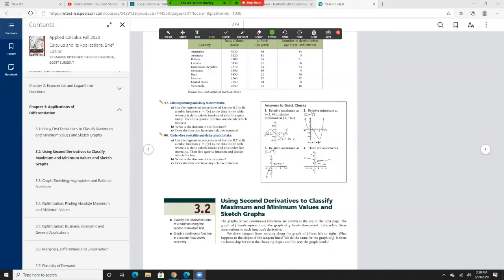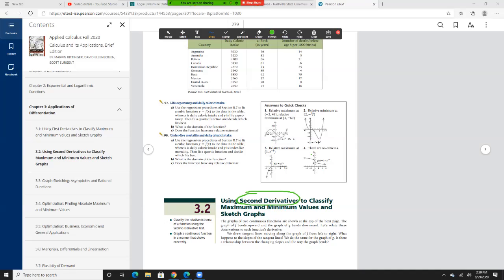Okay, the second half of this lecture is going to be about the second derivative and how we can use that to sketch more accurate graphs. Now, you will recall, hopefully, in the first part, we can use the first derivative to figure out where the graph reaches perhaps a relative maximum or a minimum.